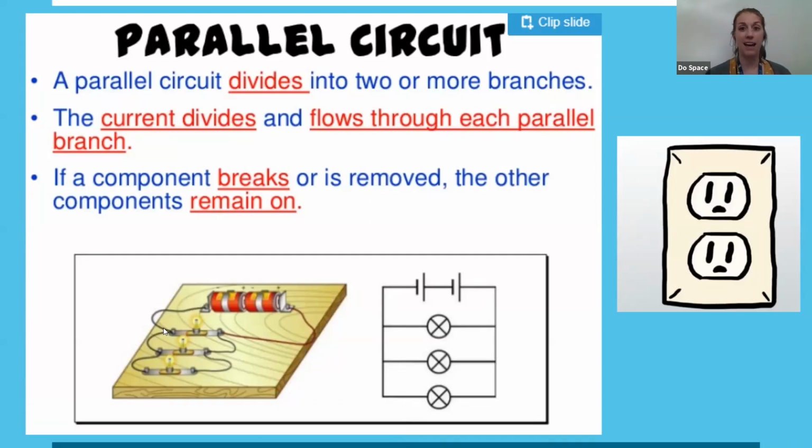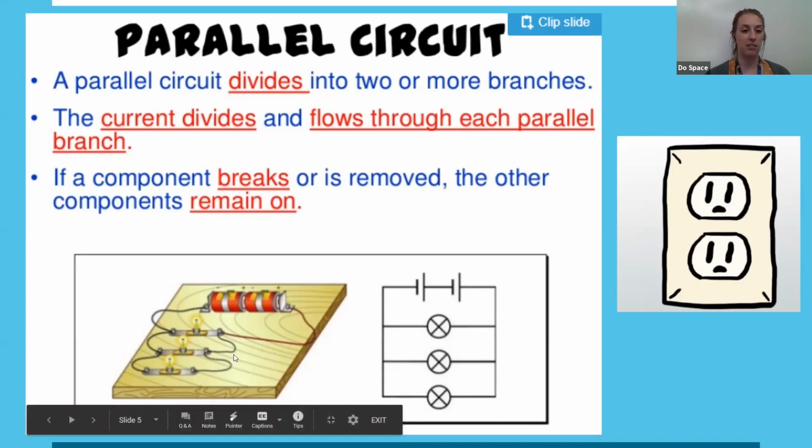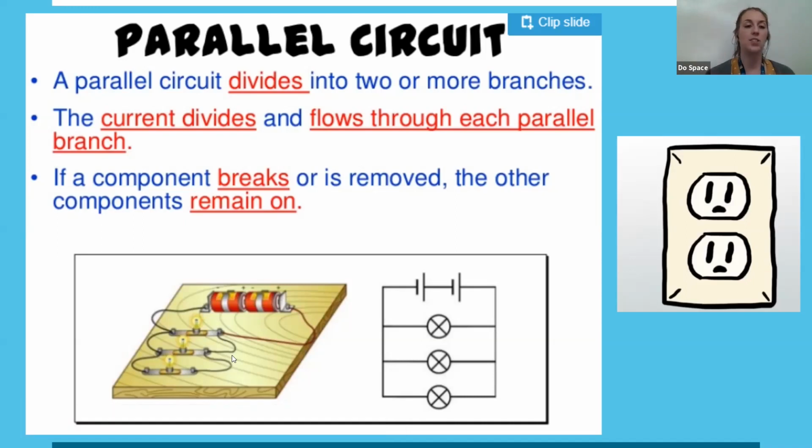Then if there was a cut in the middle, the other two would still light up, or vice versa. They have their own paths, because we talked about how a circuit is a path along which electricity flows. For a parallel circuit, each has its own individual path to that electrical source, so it's not dependent on the other ones. I hope that makes sense.